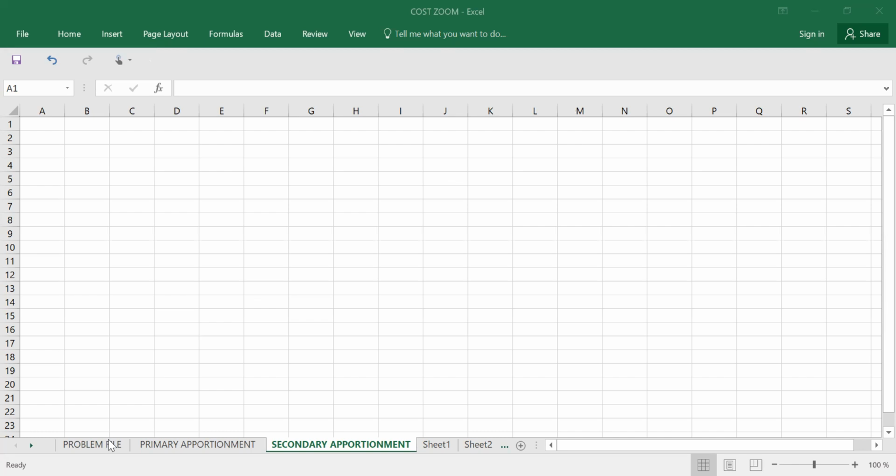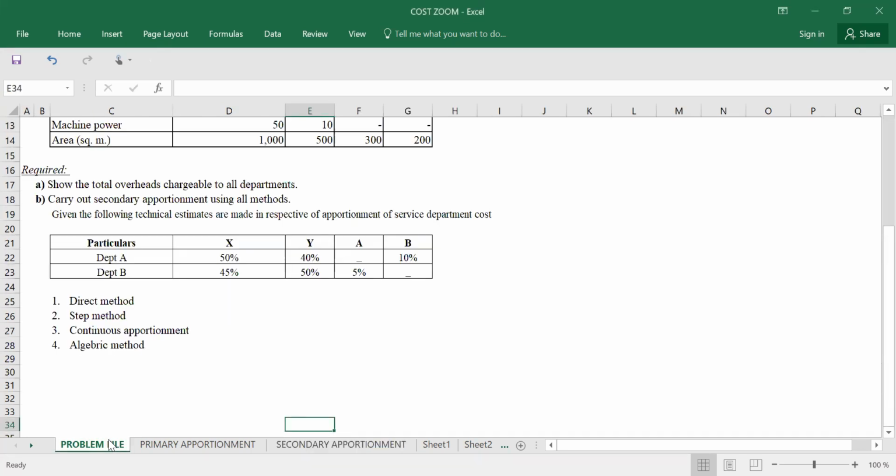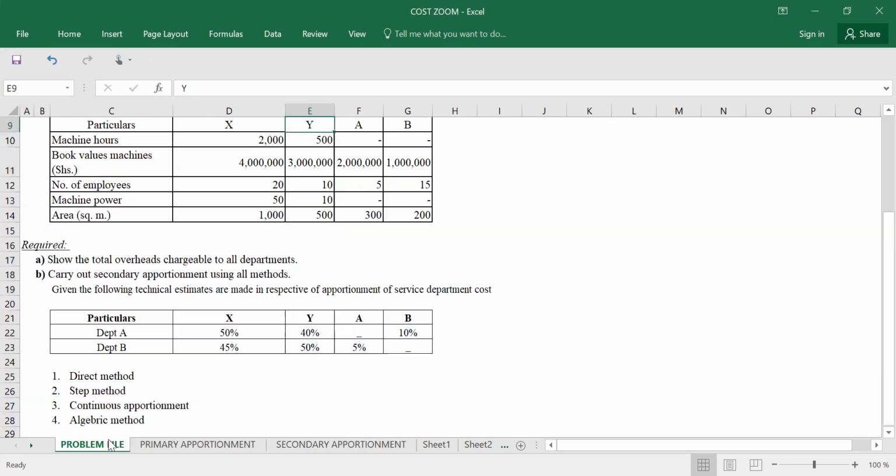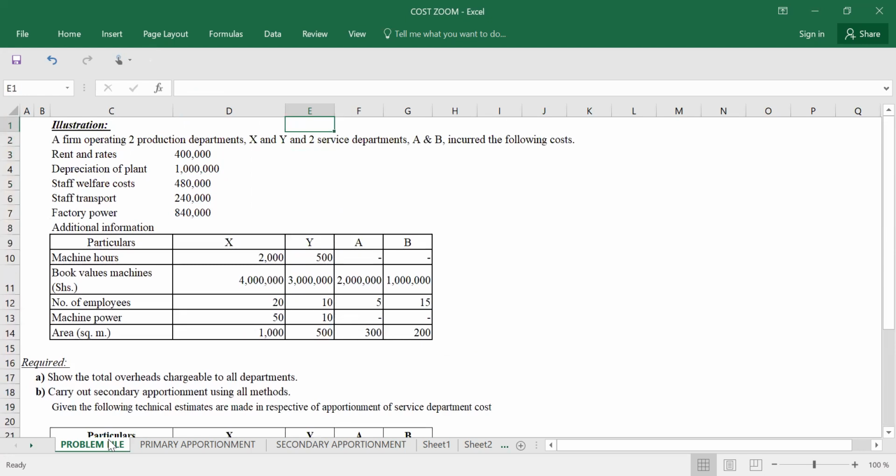Last time we stopped on primary apportionment, and we promised that we shall proceed from there. To take you back, we have our problem question here about overheads, where we had two production departments and two service departments.